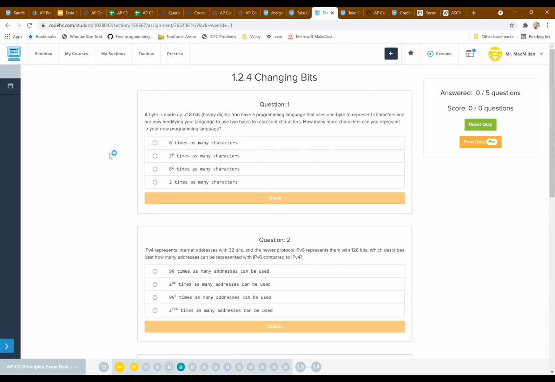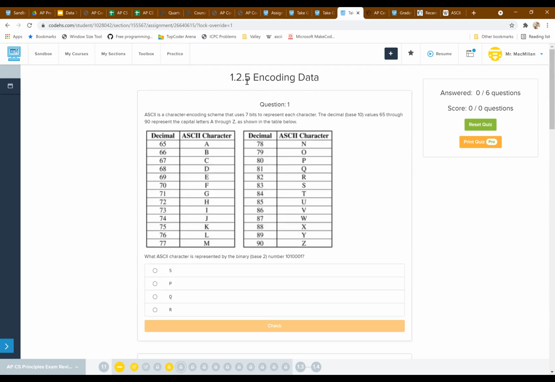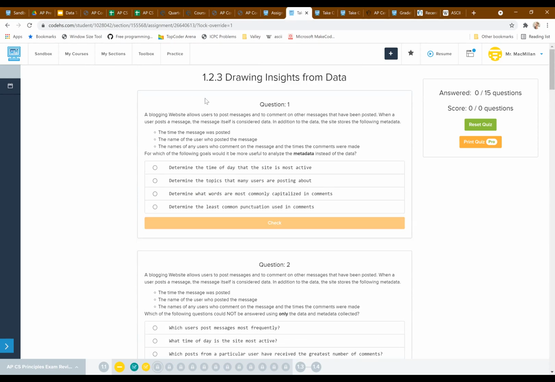So question number 1.2.4 is 5 questions long. 1.2.5 is 6 questions long. And then 1.2.3 is 15 questions long. I'm going to ask you guys to have those finished before our next class so that we can discuss them at the beginning of class, answer any questions, and clear anything up that might not be super clear.